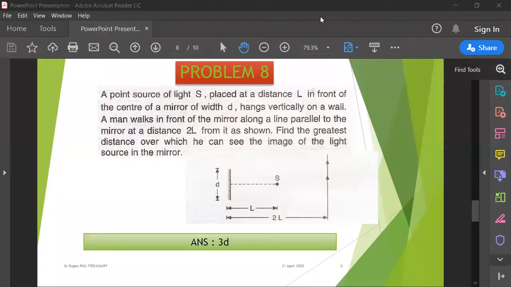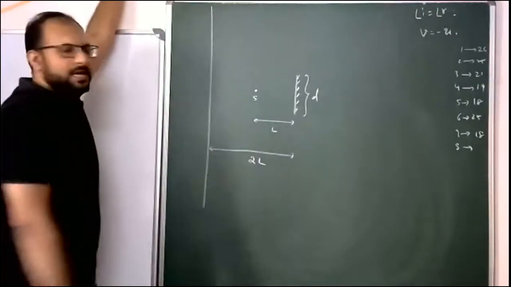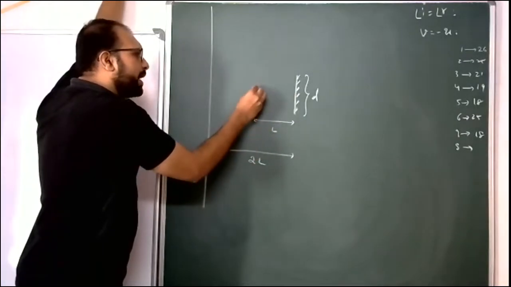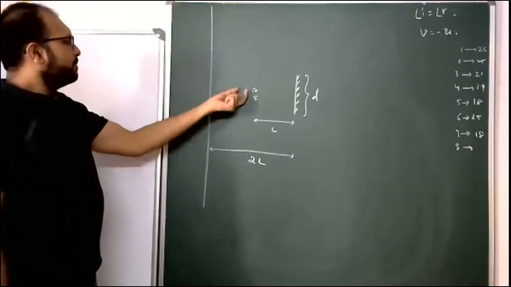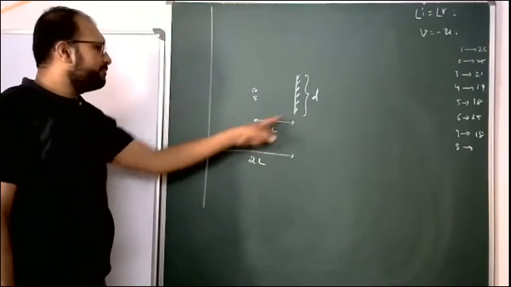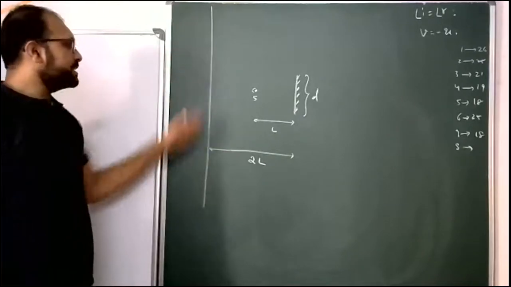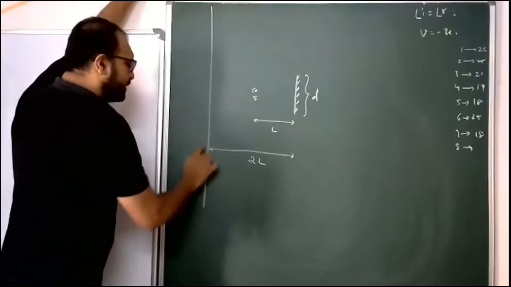Yes, so students, now this is the given information. This is the mirror. In front of the mirror at a distance L, one point source is there. Now, at a distance 2L from the mirror, one wall is there. Along this wall, one person is walking, from here to here, like this.